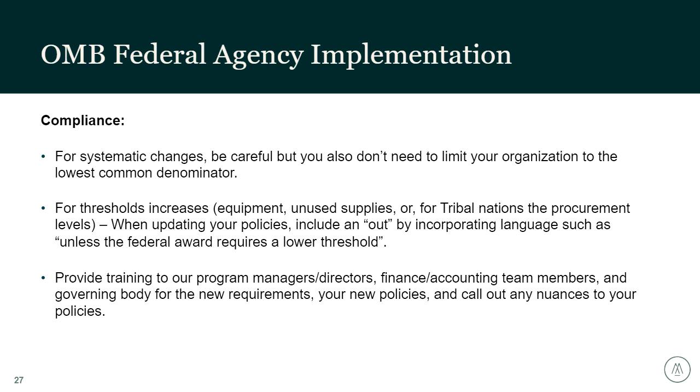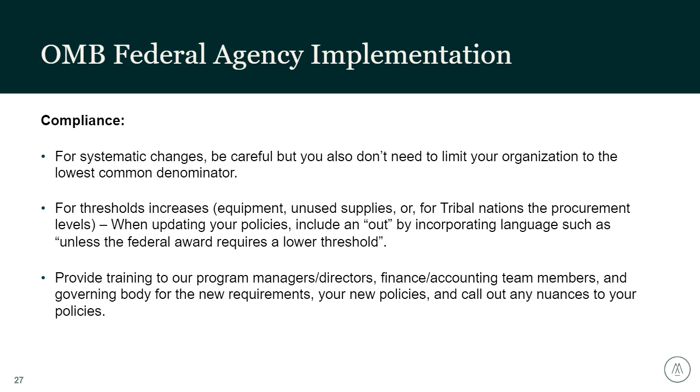The spirit was to reduce administrative burden. What I would recommend for the threshold increases, whether it's equipment or unused supplies, or for tribal nations increasing your procurement levels, is that when you're updating your policy, include language recognizing that if certain other federal awards have a lower threshold, you would follow that.